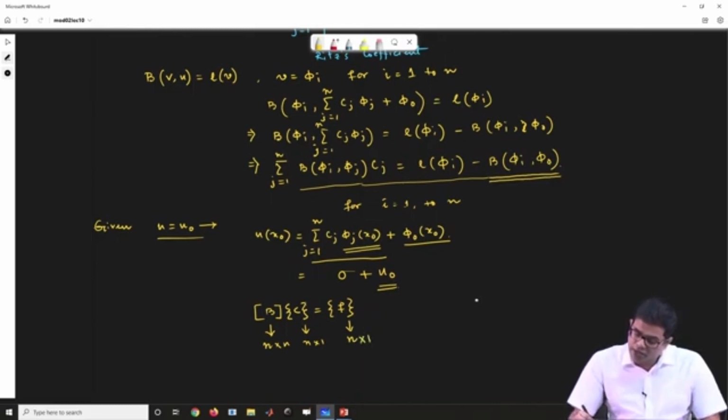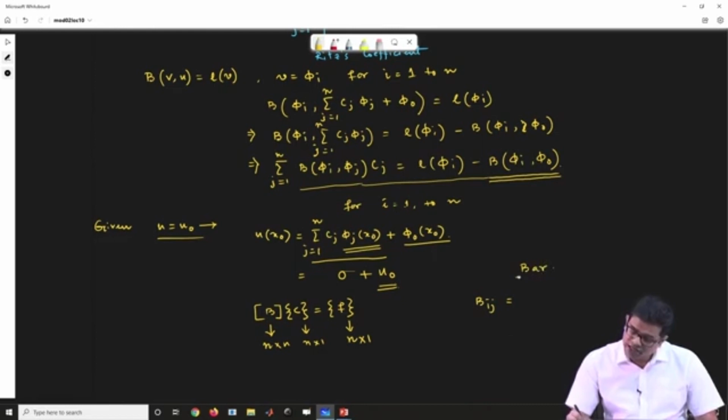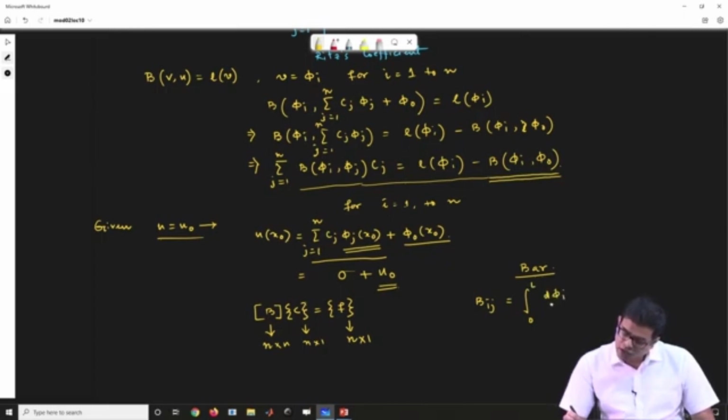Now my Bij is essentially, for the bar problem, the integral from 0 to L of d phi i by dx, A, d phi j by dx, dx.